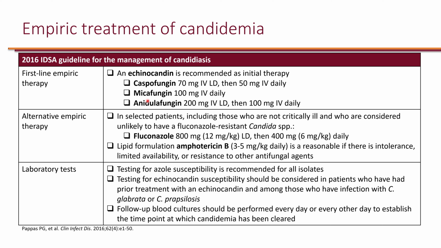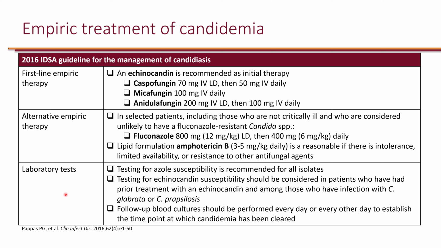In other words, if you don't have an echinocandin on formulary and somebody has a contraindication to fluconazole, either because they cannot tolerate it, QTc prolongation, and other things, then lipid formulation of amphotericin B would be your option. And that's because amphotericin B is very nephrotoxic and we want to avoid it as much as possible.